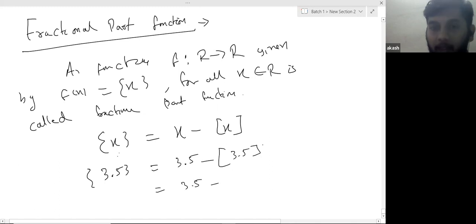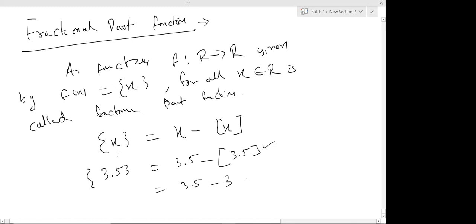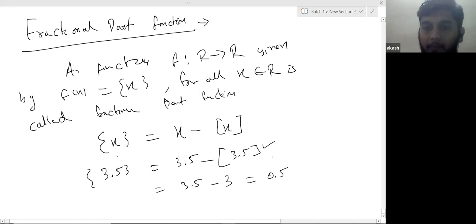What is the value here? 3. So this is 0.5. It just provides us the fractional part of any number. Clear?